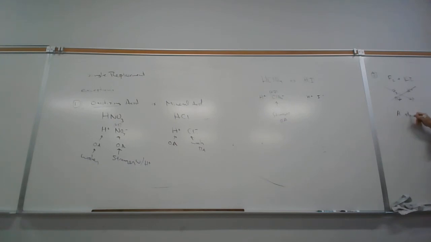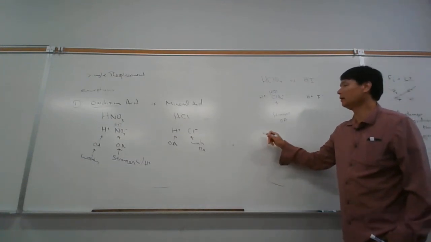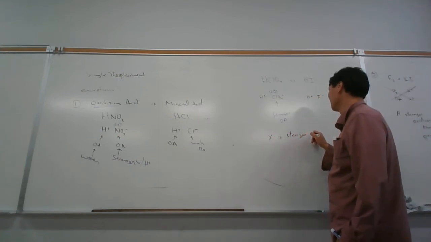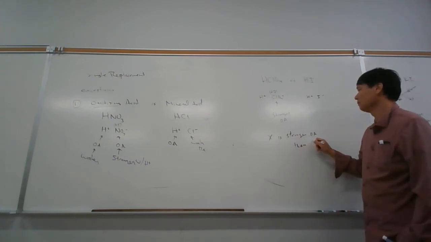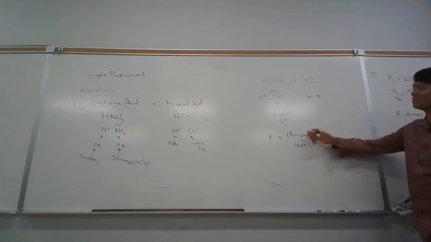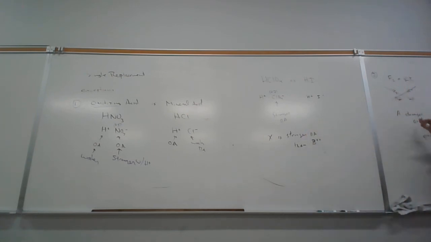A is a stronger oxidizer than B plus X. Here, X is a stronger oxidizer than B plus X. So here, X is a stronger oxidizer than B plus X. A is a stronger oxidizer than B plus X. Therefore, it's going to fail because single replacement calls B plus X the oxidizer.